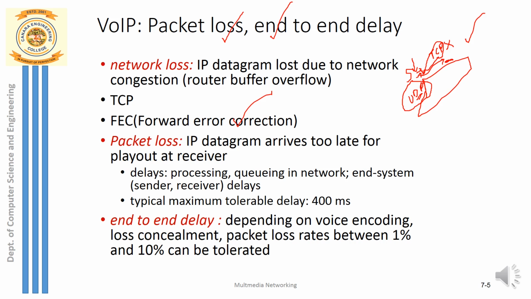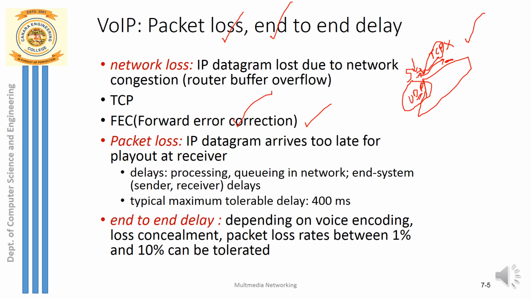So two sets of the same audio will be sent, and this is a kind of precautionary measure. If any one of the clips is lost, there is a backup which will somehow reach the receiver. So this type of solution is also possible, that is forward error correction, what we call.